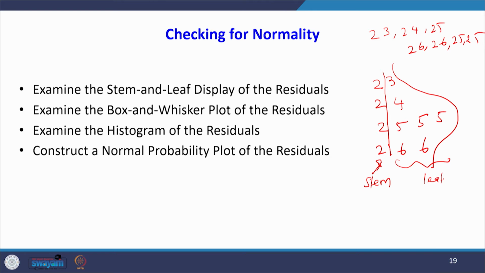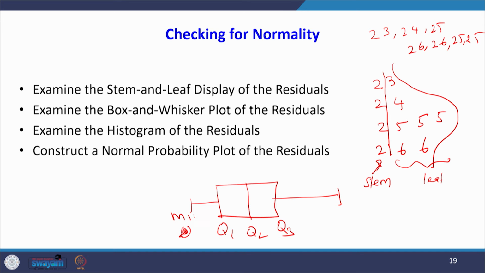Next, we can check the normality using a box and whisker plot of the residuals. When you plot a box and whisker plot, it will be like this. This is your Q1, this is your Q2, this is Q3, this is the minimum, this is the maximum. If the middle line is in the middle of the box, then we can say that the error follows a normal distribution.